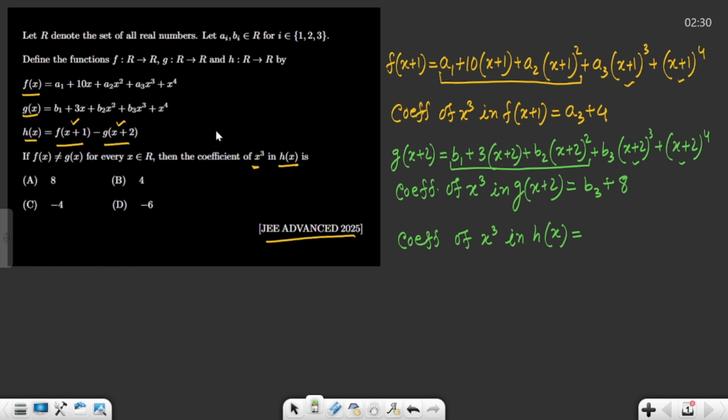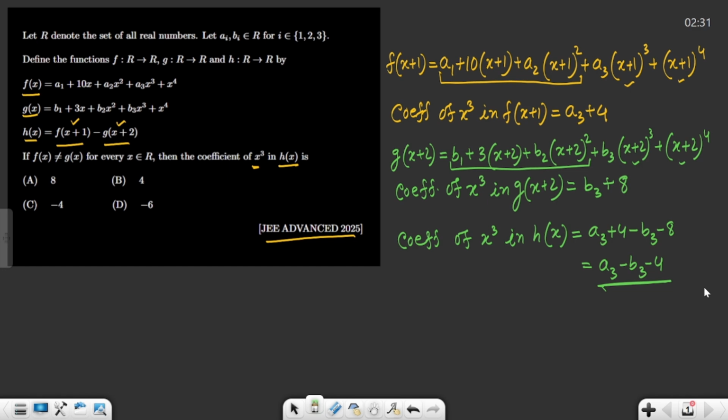So if we just subtract, we will get a3 plus 4 minus b3 minus 8. So we are getting a3 minus b3 minus 4. Now the options here are independent of a3 and b3 terms, but we are getting that. Then how can we get the answer?